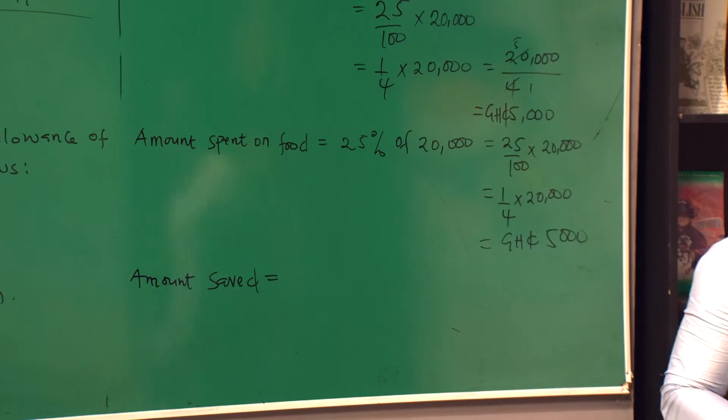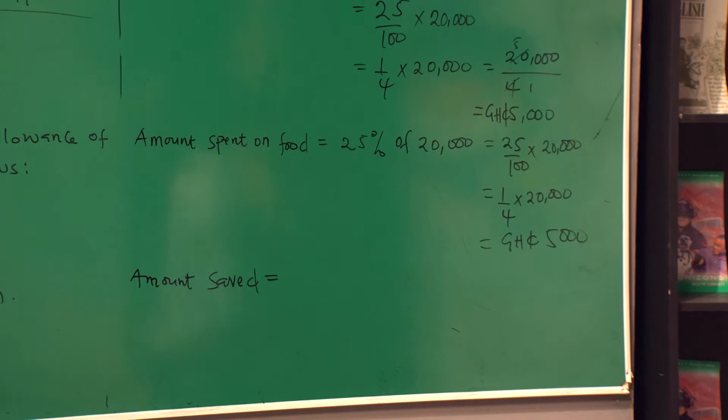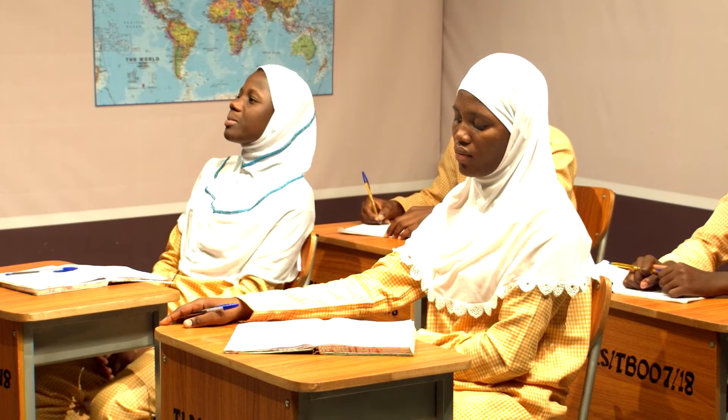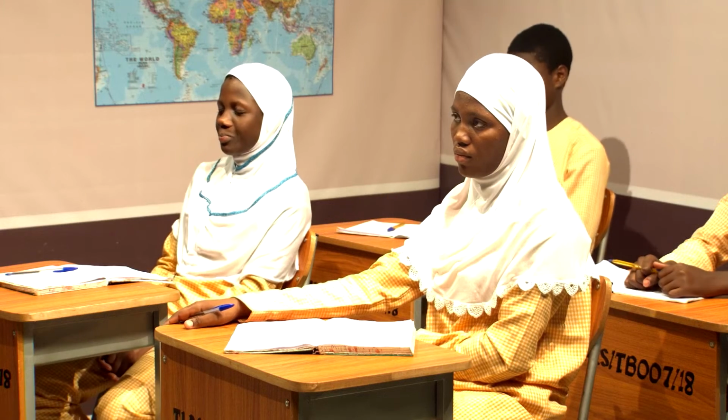So we are looking at the amount he saved, right? So, Aisha, how do you write it? Amount he saved. 50% of 20,000.